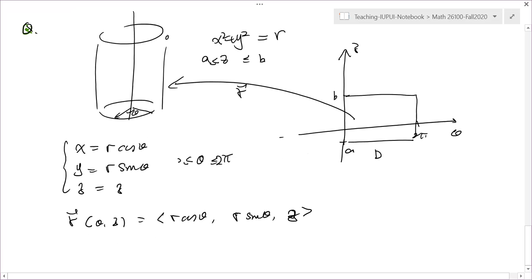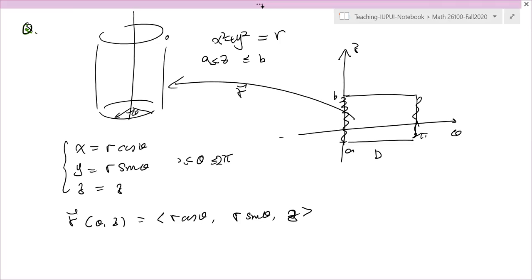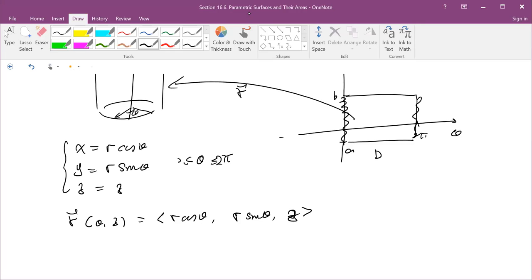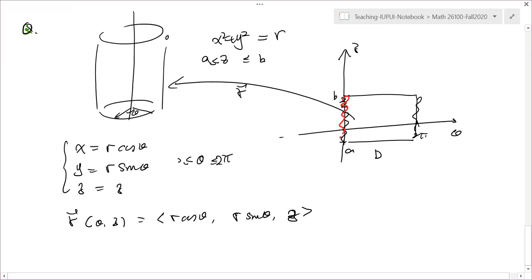Imagine this procedure: the mapping is just folding this rectangle to make a cylinder. You glue this side and that side together, and those are the two red lines, and over here it is going to be this line.